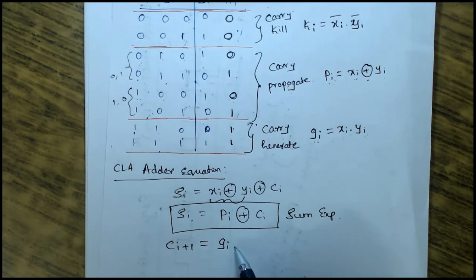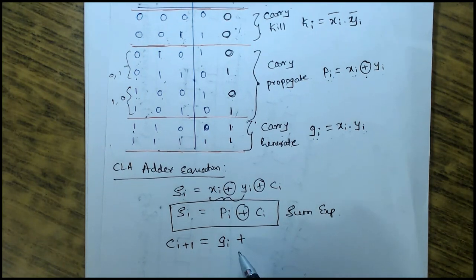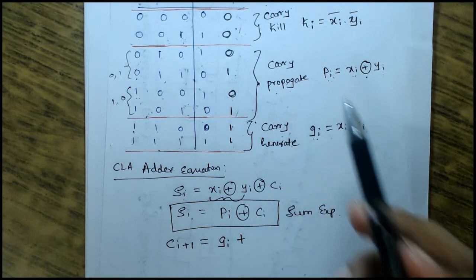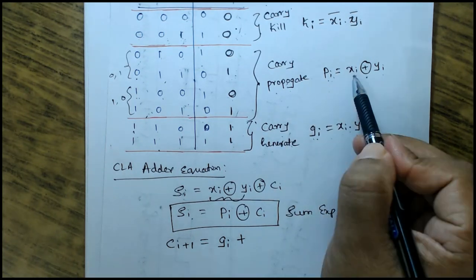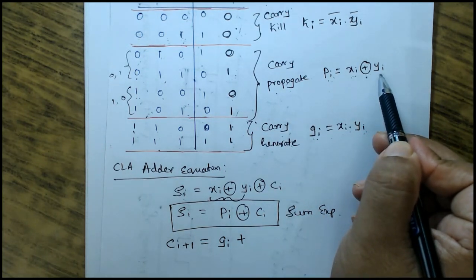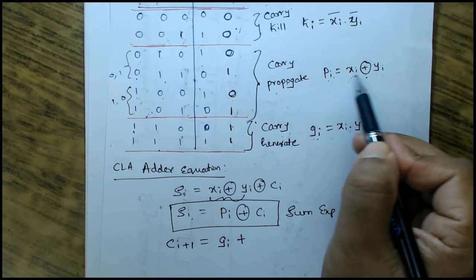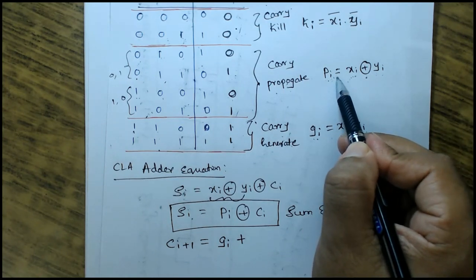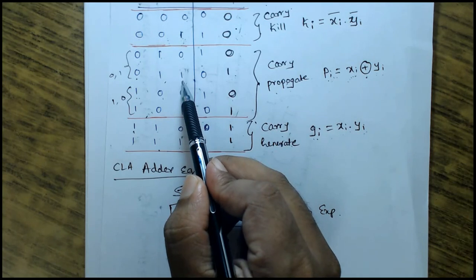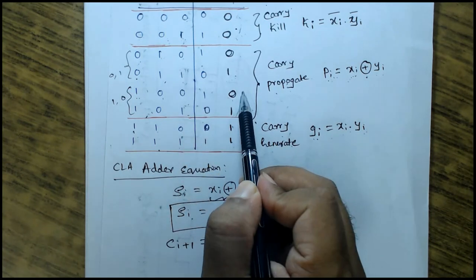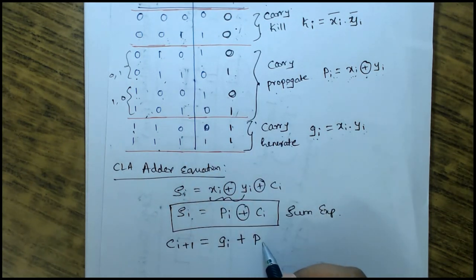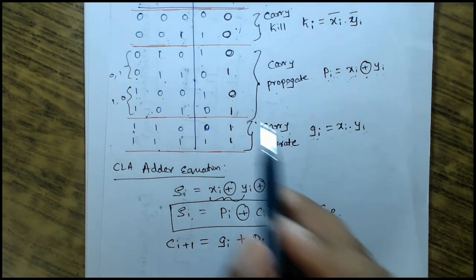That's the first condition. Plus, OR with this, it should also be set. How should it be written? When xi XORed with yi gives you logic 1, that is when Pi is logic 1, then you have to pass Ci as it is to Ci plus 1. So when Pi is logic 1, your Ci should be passed as it is to the output.